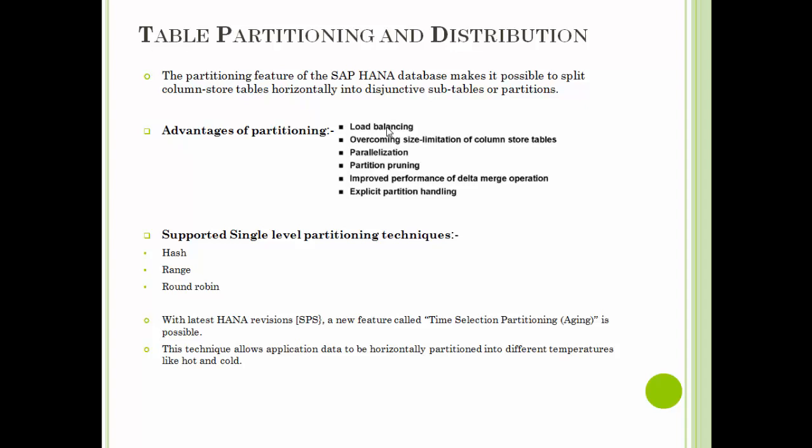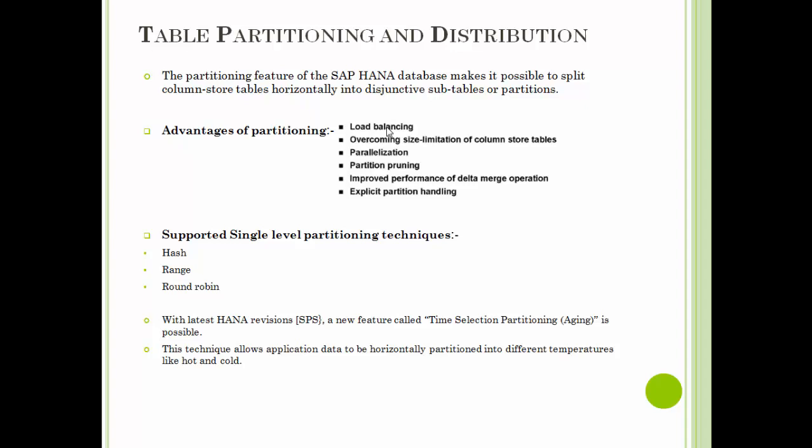So having partitions, we are taking load on only certain partitions, not all the partitions. So delta merge is not always impacted by high input output, whereas only certain partitions are taking the load. On an overall basis, the performance will be better.